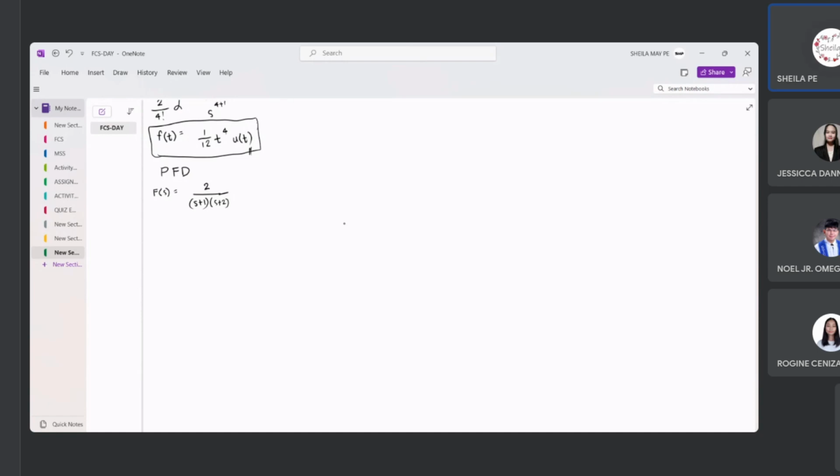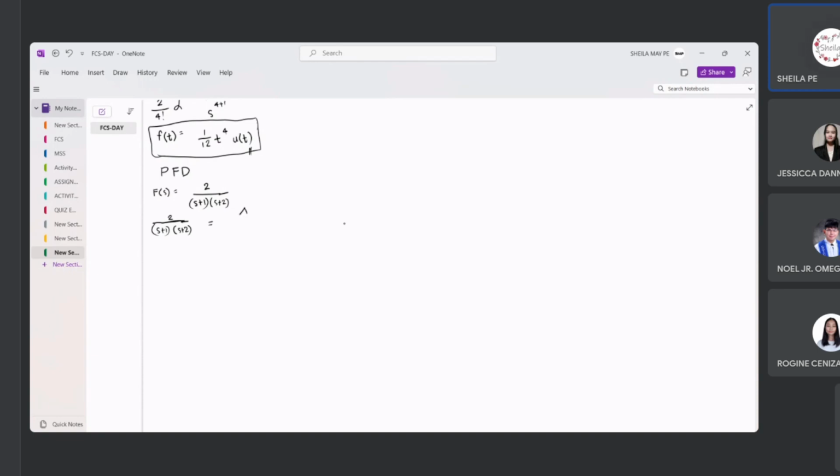So, for the first step, if you observe that the given function is in simpler terms, then you do the next process. For the process, you copy the given. Since you can see two non-repeated roots here, then you can assume that F of s has two terms, one for each root.